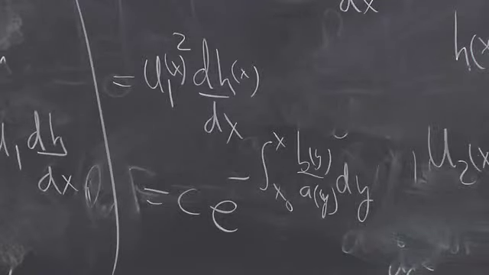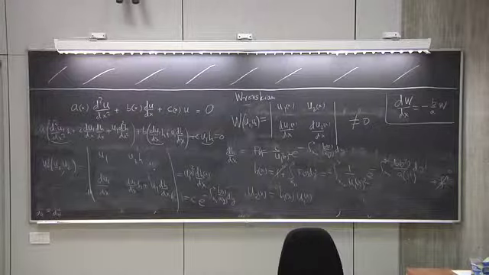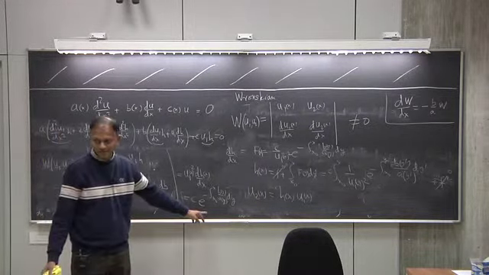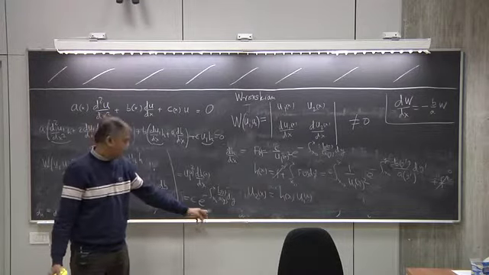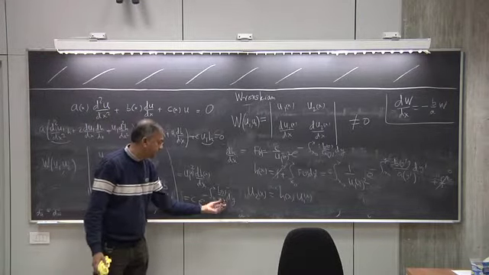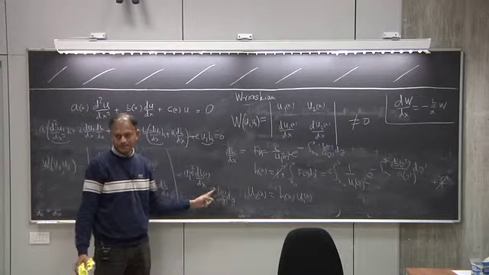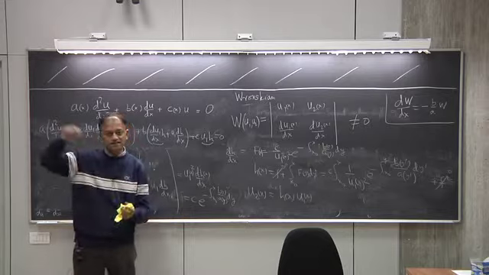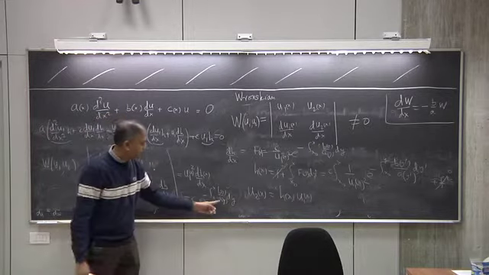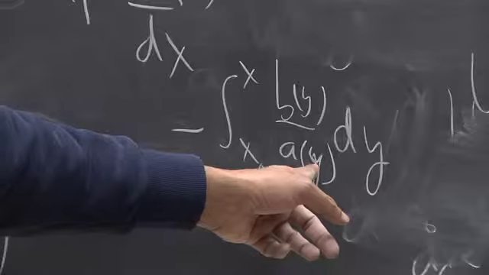But the exponential of anything cannot be 0, right? So you conclude that this Wronskian is not 0. I'm assuming, as I said, that a is never 0. This could become 0 if the exponent were plus infinity, since e to the power of minus infinity is 0. But we are staying away from any region where a y is 0.